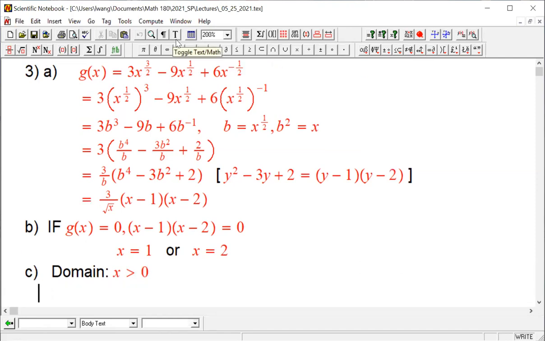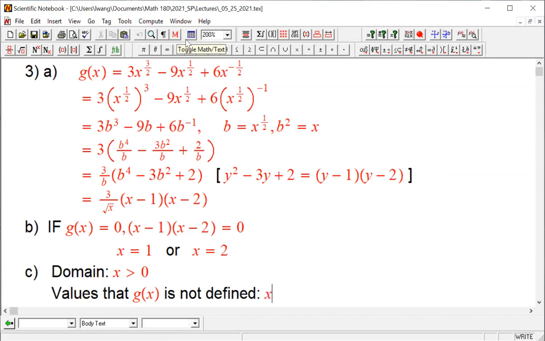And the values where g is not defined will be the opposite, x less than or equal to 0.